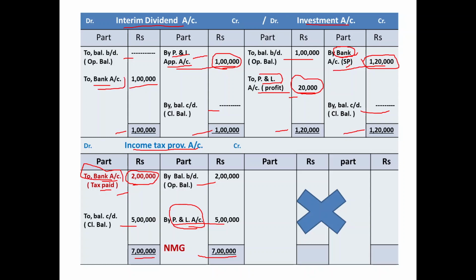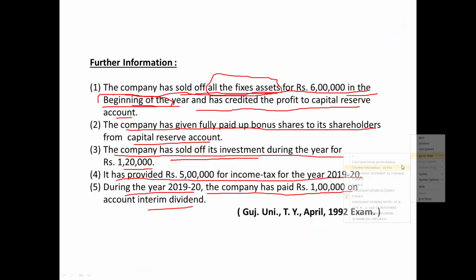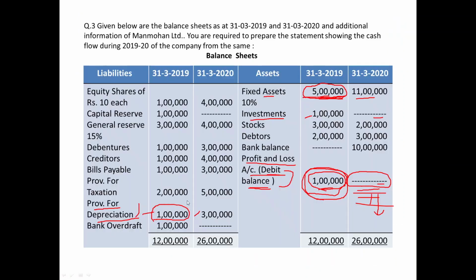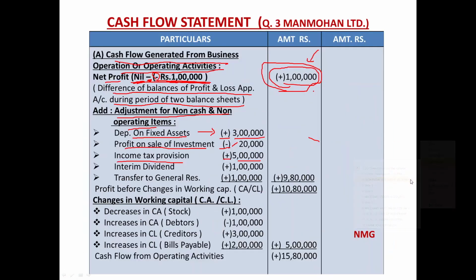Over here title came bank, indicates cash outflow. Dividend is related with share capital and share capital is related with finance. So under title C, this 1 lakh will be reported as a cash outflow. Let us report it. Title A, first, interim dividend as a non-cash item.